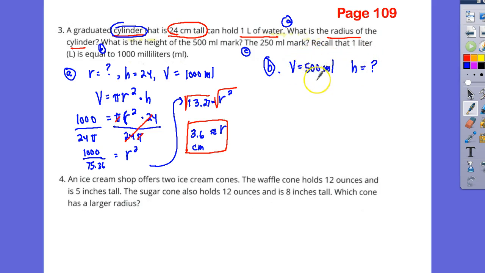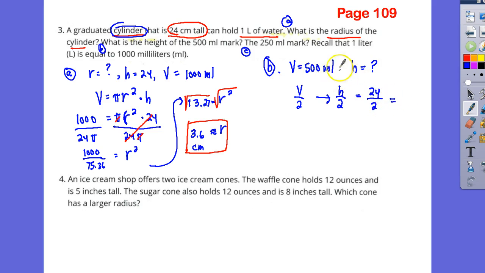So let's take a look. What happened to the volume? It used to be 1000, but now it's only 500. So what did they do? They divided the volume by 2. So that means you will do the same thing for the height. You will also divide the height by 2. So the height originally is 24, divided by 2.